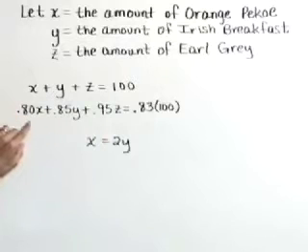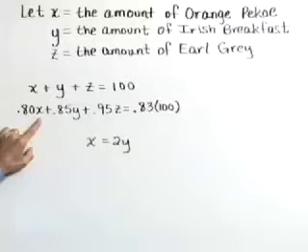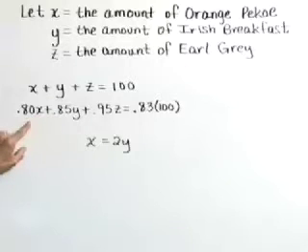This first product represents the fact that orange pekoe sells for $0.80 per ounce, or you might think of that as 80 cents per ounce. So if we multiply that price per ounce times the number of ounces, we get a value in dollars.